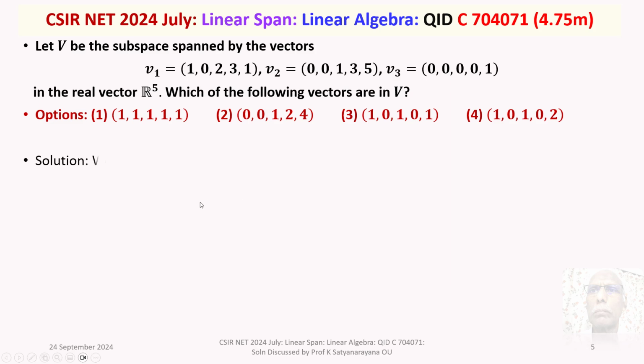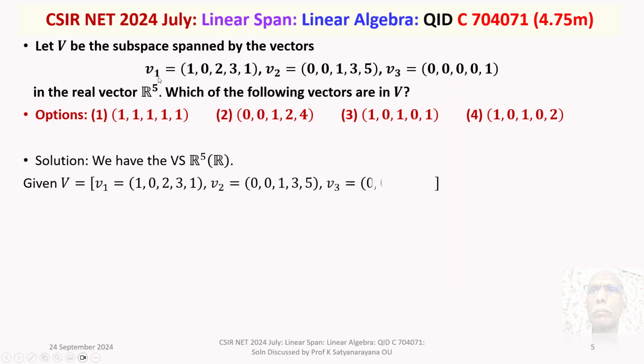We will now discuss the solution of the problem in detail. We have the vector space R^5 over the field of real numbers. Now, V is the subspace spanned by these three vectors v1, v2, v3. That is, V is the linear span of these three vectors. What is a linear span?